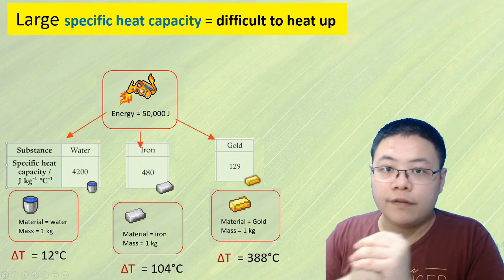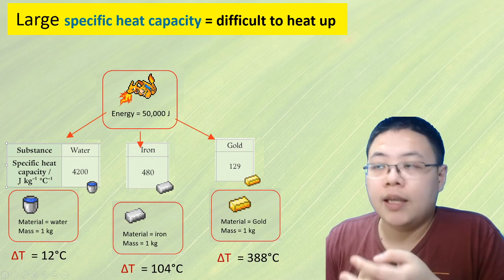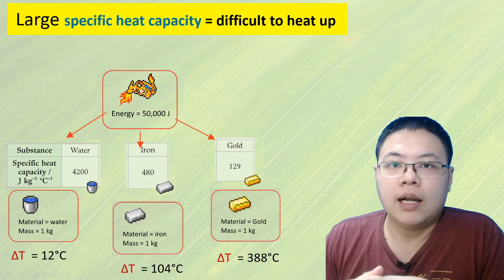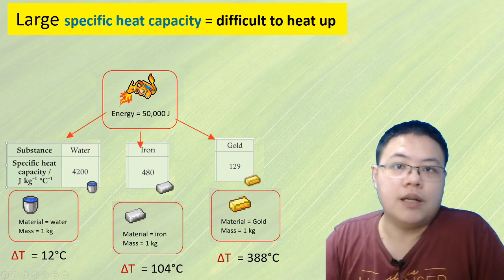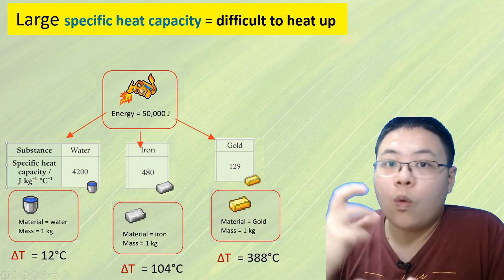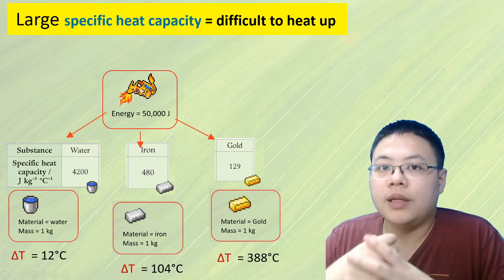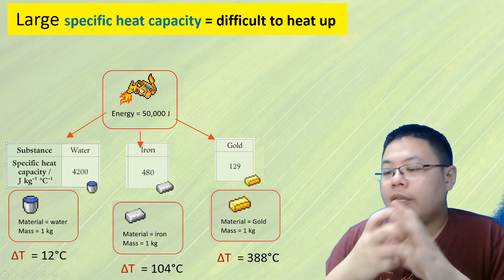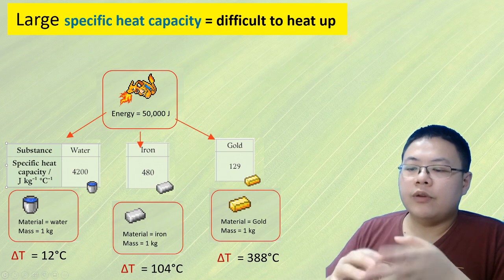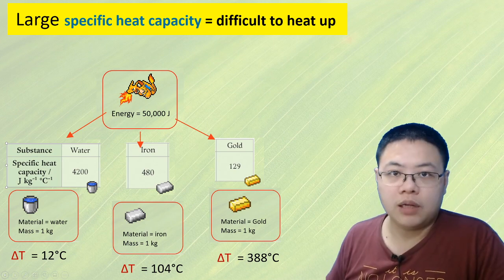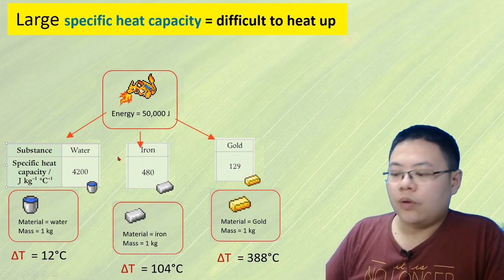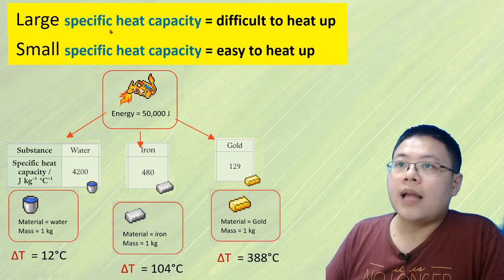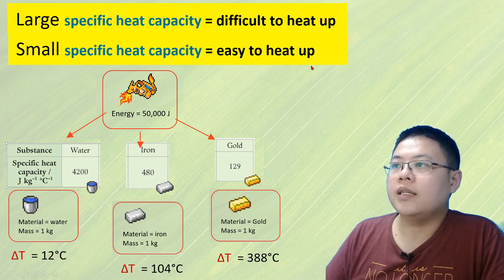Anytime you order something with water or soup in it, it will last much longer until it gets cold. Have you ever experienced that? That is because the specific heat capacity of water or soup is much larger, so it cools down much more slowly. It is more stable in temperature. So the takeaway is that large specific heat capacity means more difficult to heat up. Small specific heat capacity means easier to heat up.